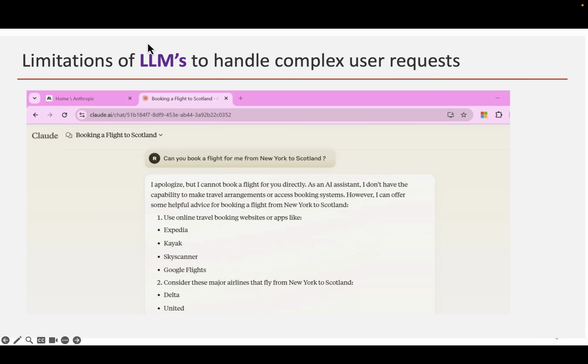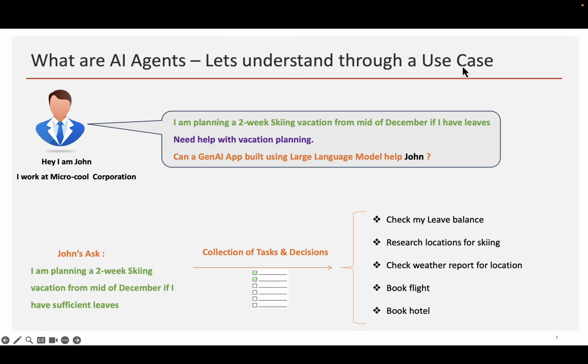The first one, check my leave balance. Definitely a generative AI model without RAG cannot do that, because generative AI models are trained on a vast amount of internet data that doesn't know my leave balance.